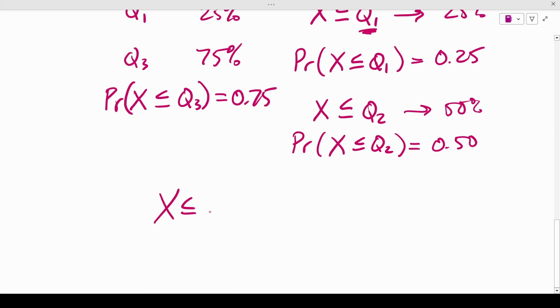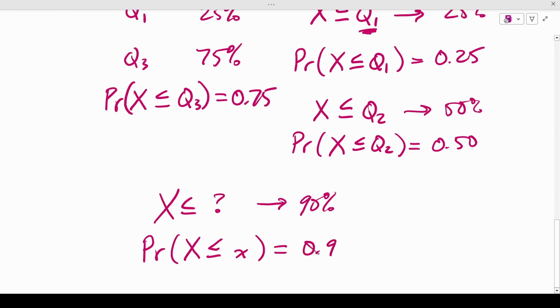Or in formal terms, when I randomly select one data point, I want the probability that it's less than or equal to some value to be 90%. What is that? That's what I would be solving for.